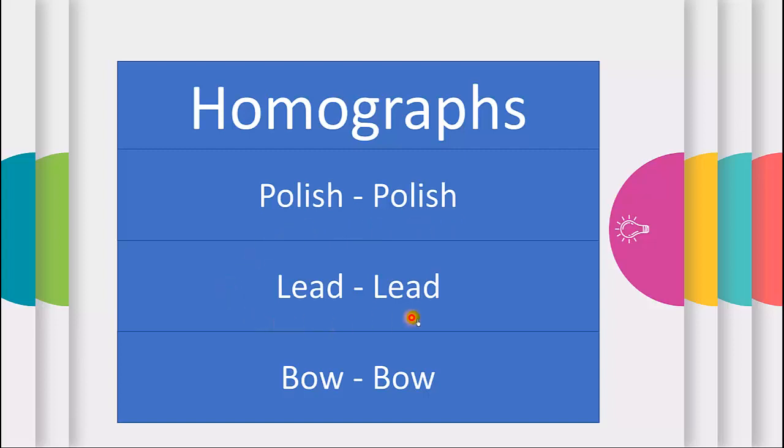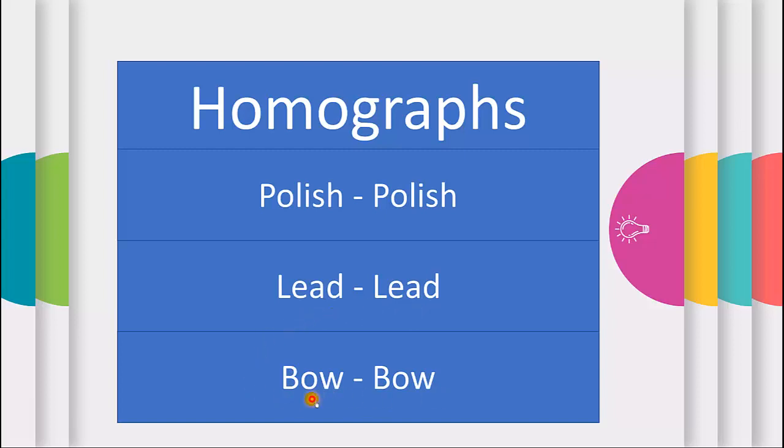Now, lead and lead. First one, you pronounce it as lead, as in he had no lead, so he could not use his mechanical pencil. Now the second one, you can use it as lead, as in he went to lead the group.